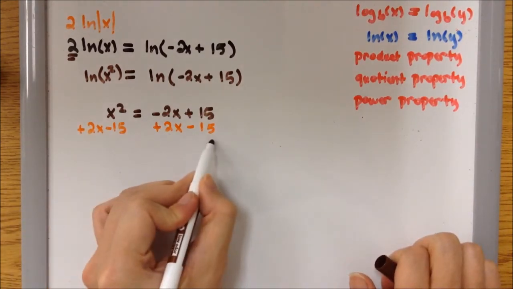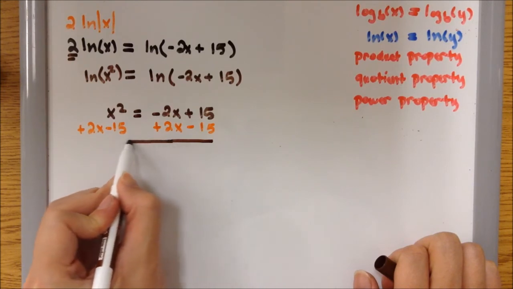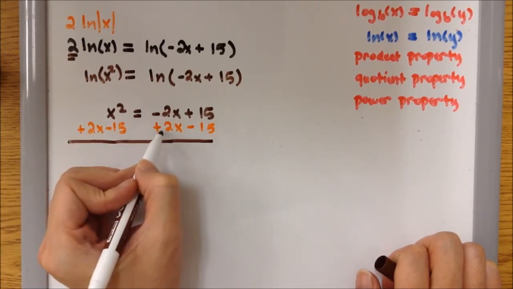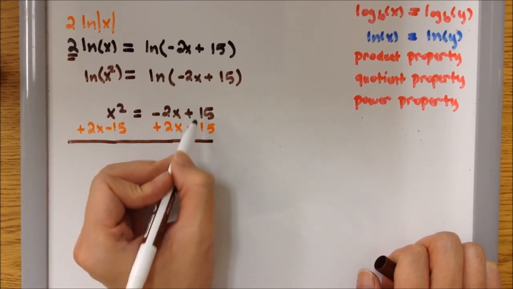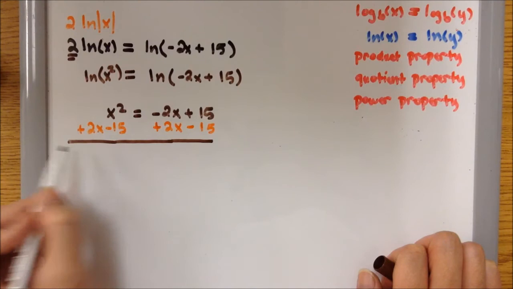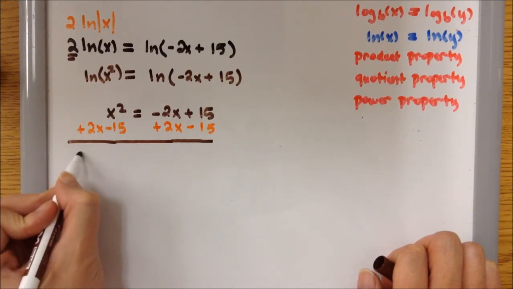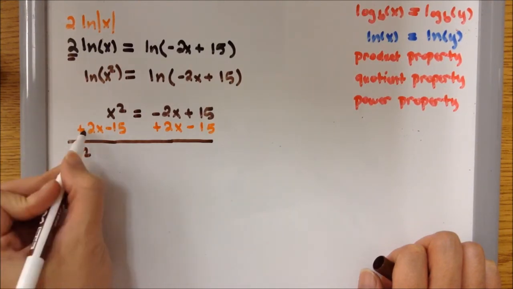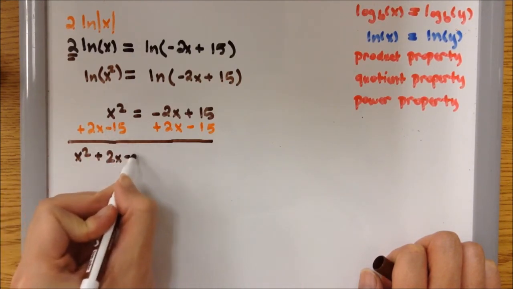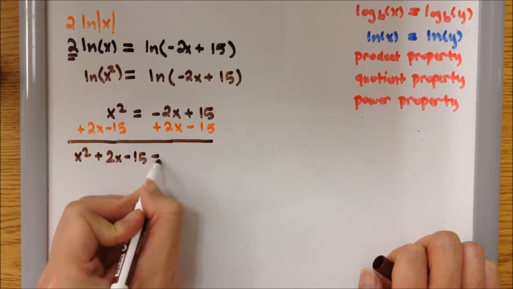Doing that, on my right side, negative 2x and positive 2x will cancel. My positive 15 and my negative 15 will cancel. So the right side will be 0. Now over here on the left will be x squared plus 2x minus 15 equal to 0.